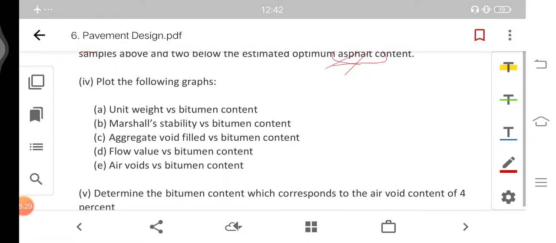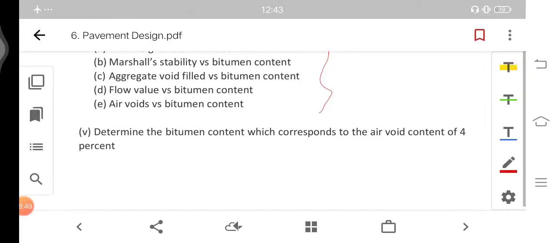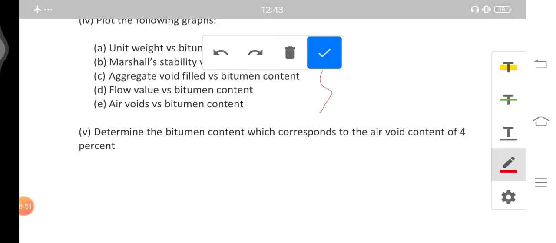So the following graphs are plotted: unit weight versus bitumen content, Marshall stability versus bitumen content, aggregate voids filled versus bitumen content, flow value versus bitumen content, and air voids versus bitumen content. Finally, determine the bitumen content which corresponds to air voids of 4%.